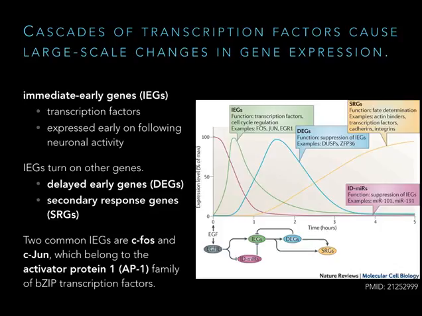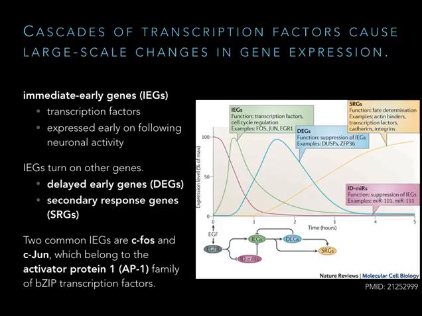These are transcription factors that are going to turn on other genes. These are the first to get activated by those signaling pathways that we've gone over in this lecture. The immediate early genes then turn on the other genes by initiating the transcription of the transcription factors that activate either delayed early genes or the secondary response genes.